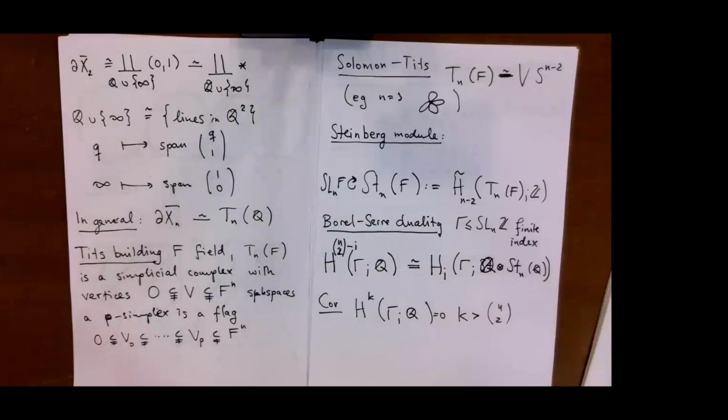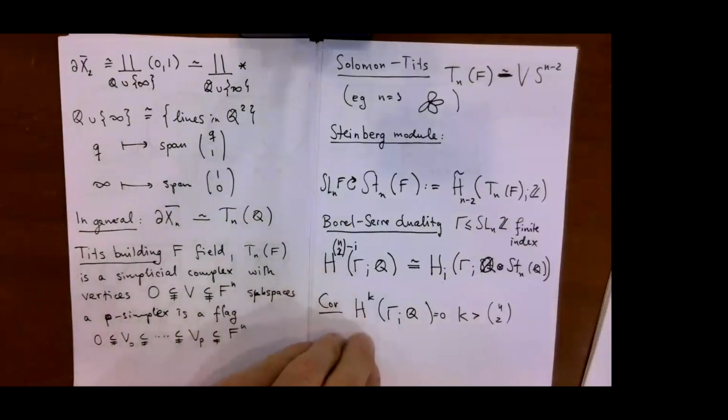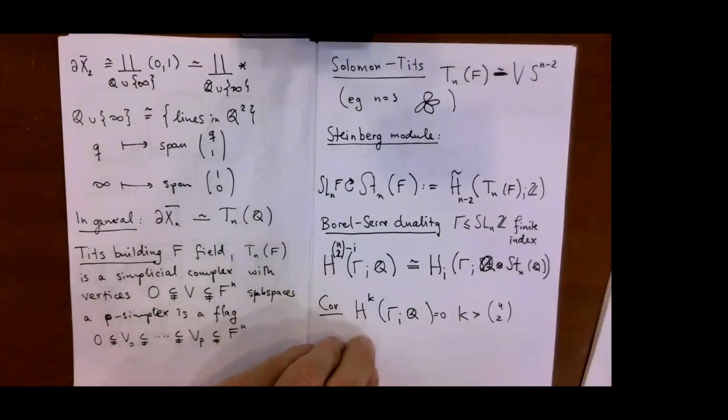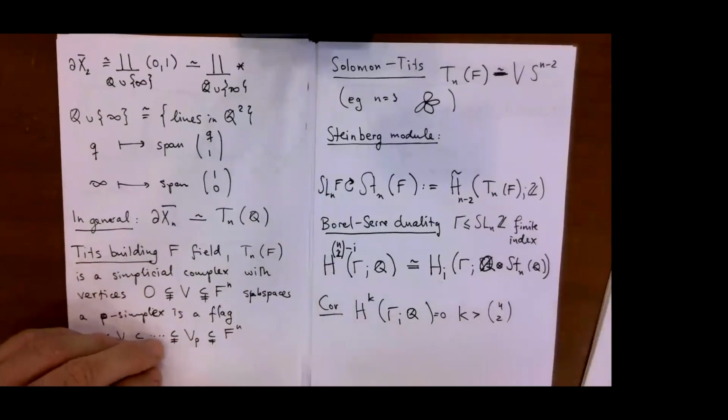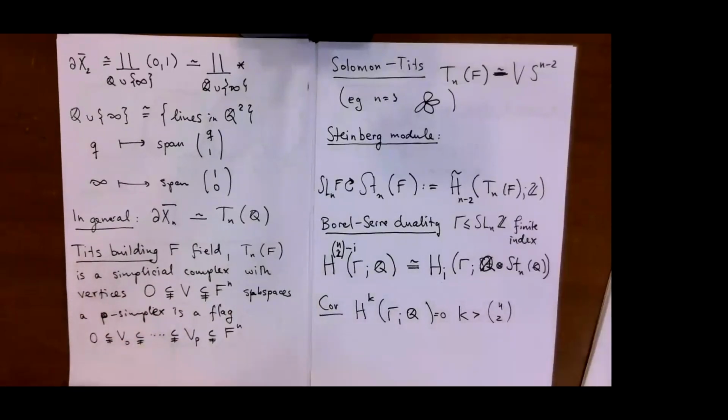What I was asking as well is, not if we change the group, but if instead of looking at the symmetric space, we look at the duality for S-arithmetic groups. I think that's also true.